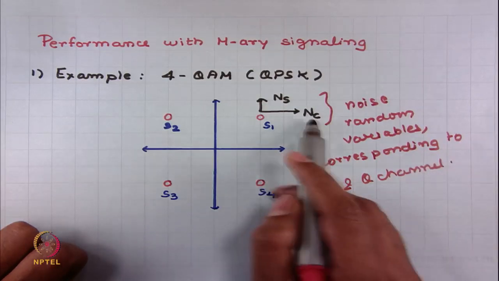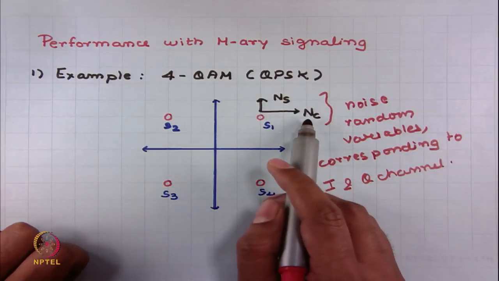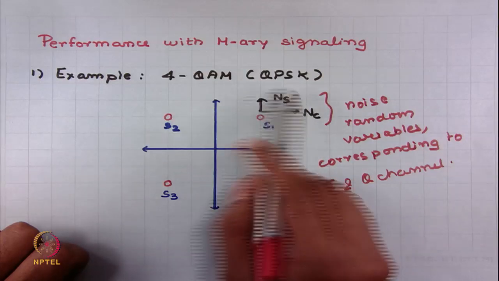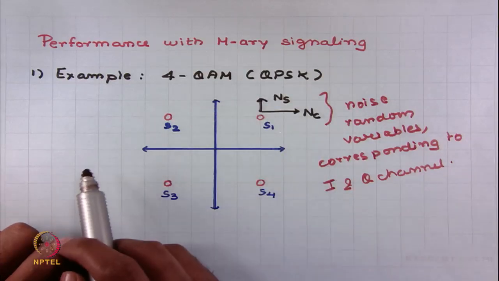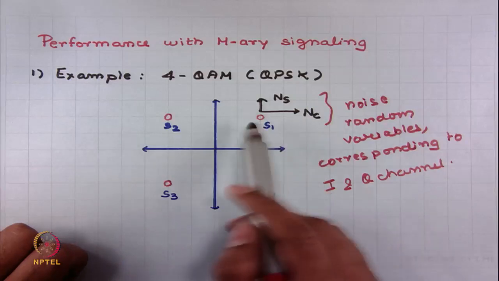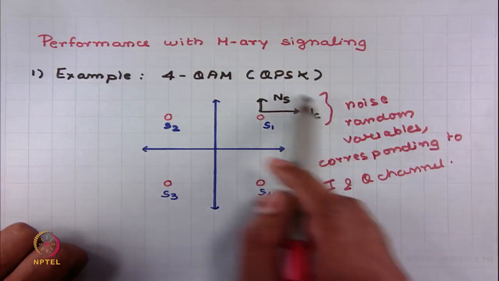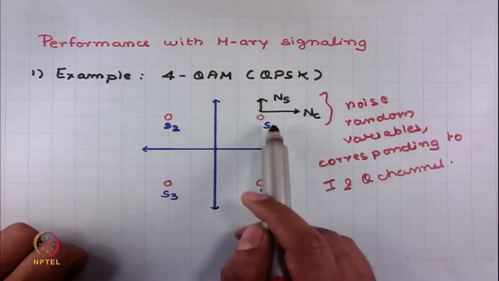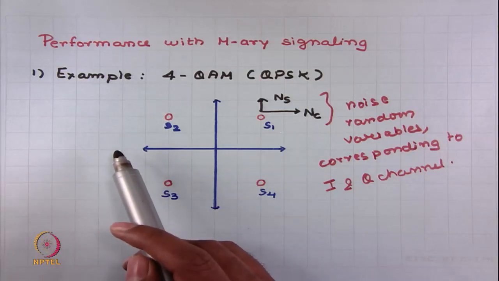Okay. So, NC is the noise random variable in the I channel and NS is the noise random variable in the Q channel, and we have assumed that this noise rides on this signal S1 when signal S1 is transmitted.